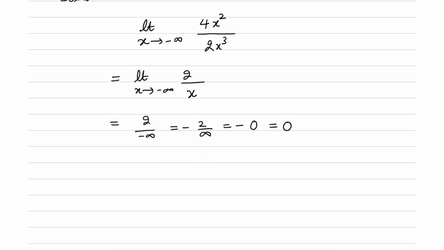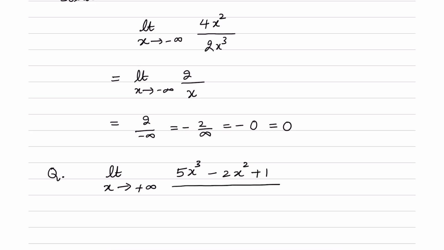Let's attempt another question. We are finding the limit when x is approaching plus infinity for the function 5x cube minus 2x square plus 1, whole divided by 1 minus 3x.